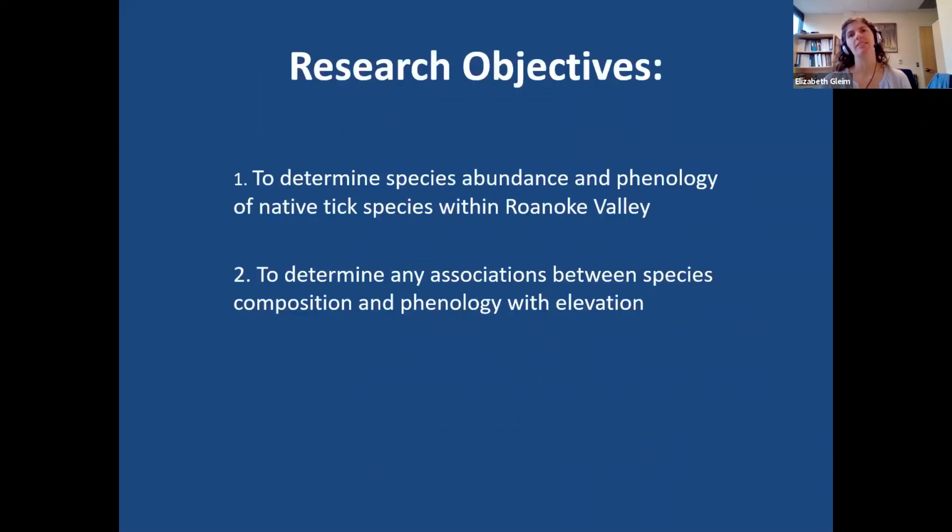And really the first place to start was to get some basic baseline understanding of what the species composition and phenology was like here in the Roanoke Valley, because as surprising as it might seem, there actually really has been no work done on tick ecology here in this region. So the first step for me was to begin to understand what that tick species abundance and phenology is, and then to determine if there are any associations between species composition, in particular black-legged ticks, and elevation.